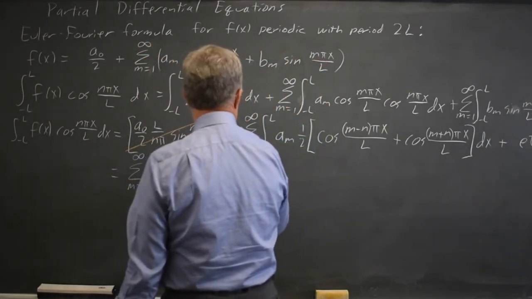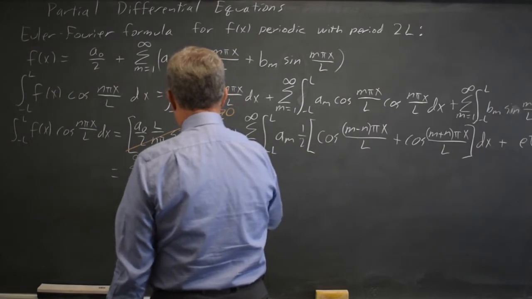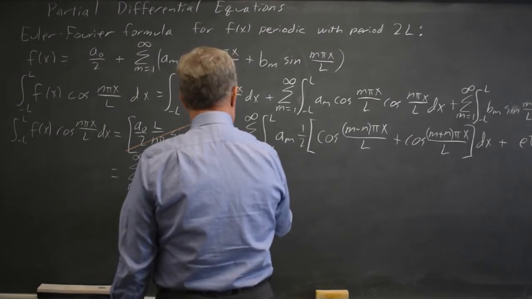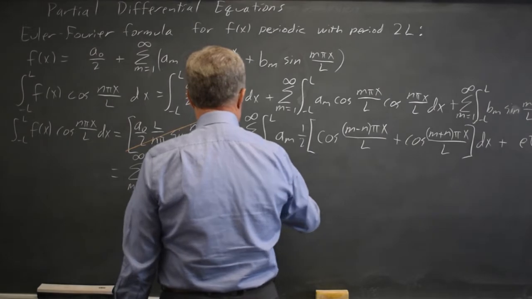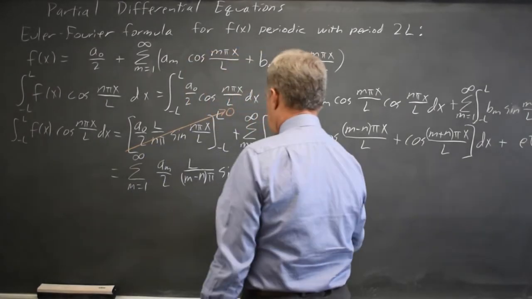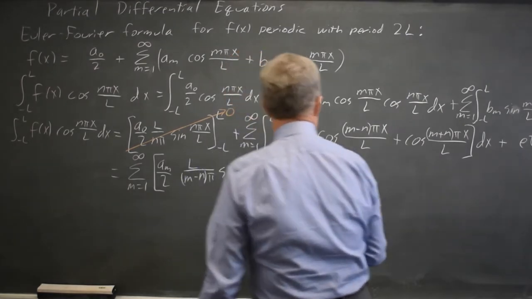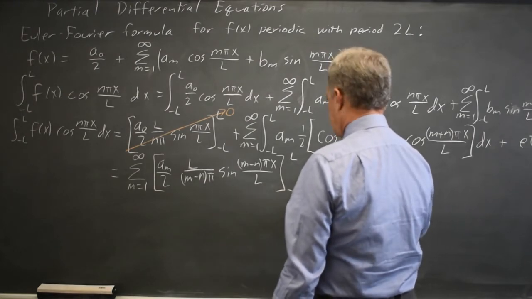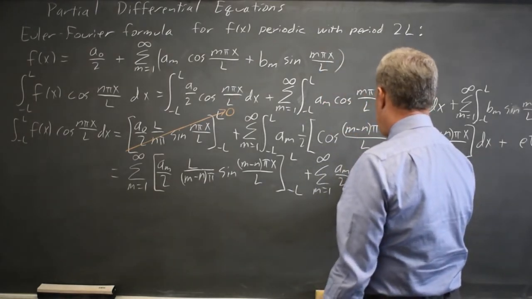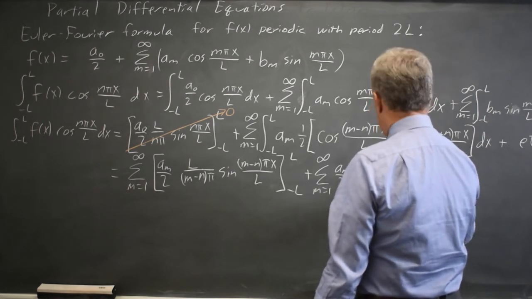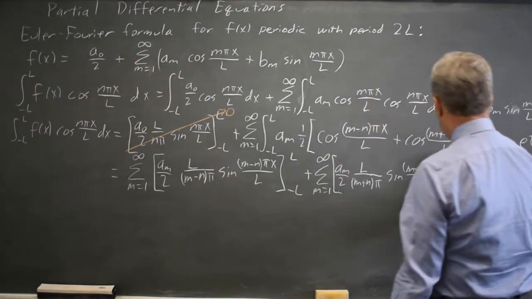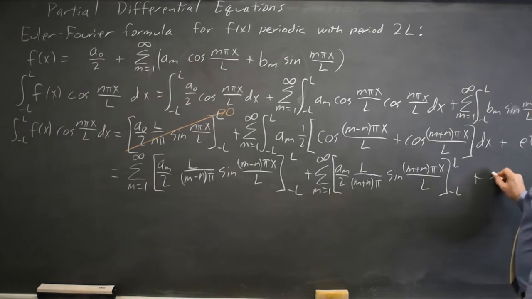The integral of cosine is still positive sine, so that would be L over m minus n pi sine of m minus n pi x over L from negative L to L, and then plus the sum of Am over 2 times L over m plus n pi sine of m plus n pi x over L, again from negative L to L. And I'll come back to my sine times cosine integrals later.